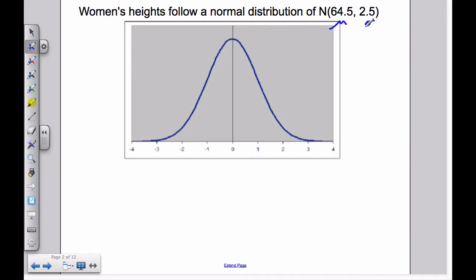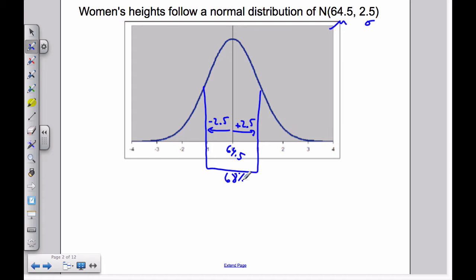So this tells me that right down the middle for women's heights, 64.5 is the average female's height. If I go out 1 standard deviation either side of this mean, and the standard deviation is 2.5, so I add 2.5 and I subtract 2.5, that's where 68% of females and their heights will fall.